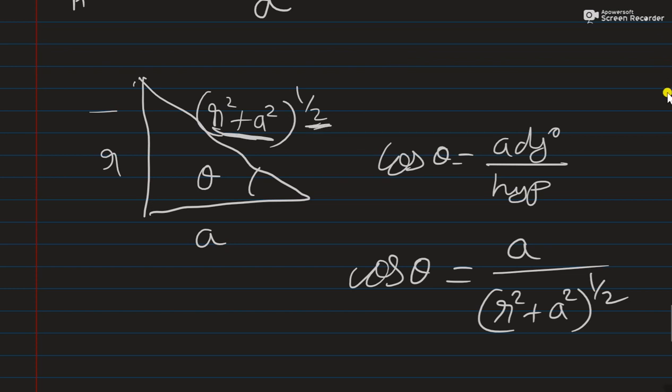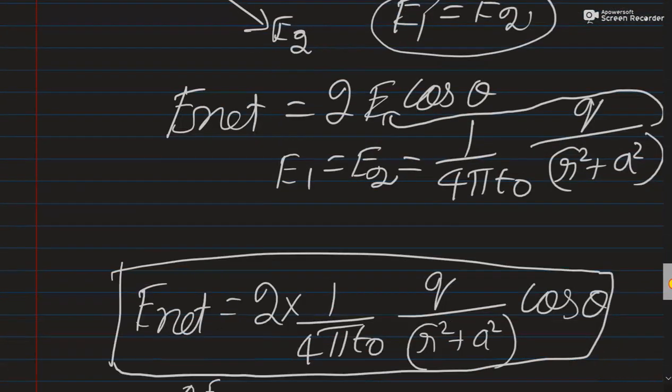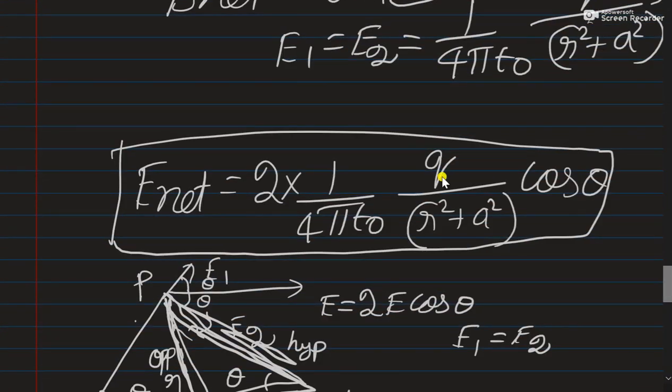Already we have the equation with cos theta. I have taken this as equation 1: 2 times 1 divided by 4 pi epsilon naught Q divided by R square plus A square, cos theta. Now we know the cos theta value, just a substitution. Then finally we will get the answer.